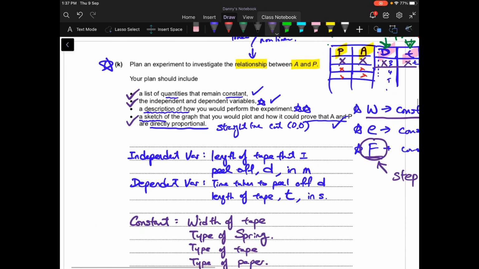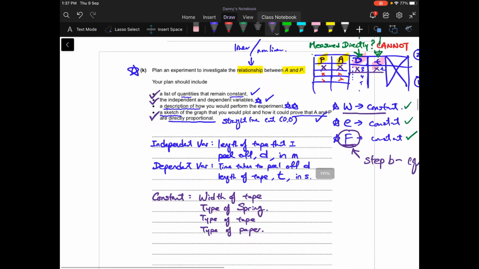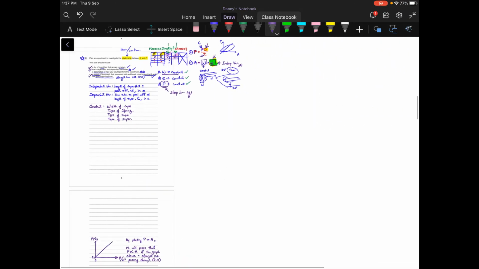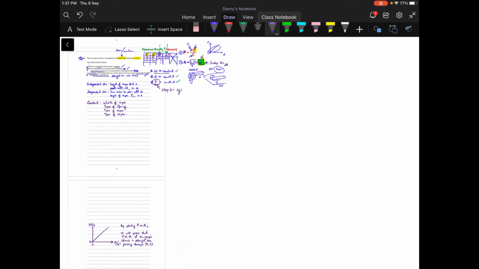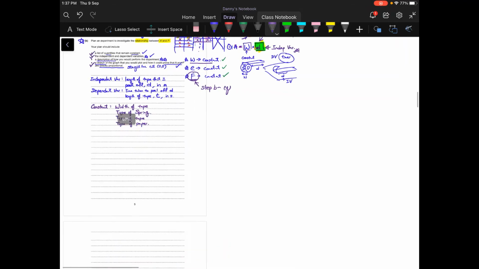So by doing this, I have scored the last bullet point. Just by doing this, I already secured 3 out of 5 marks. And if I'm running out of time, I will skip.